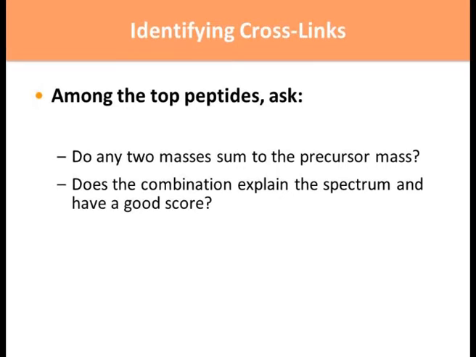The entire process is repeated over the entire database. And then for each spectrum, we ask the following questions. Do any two masses in that peptide list sum together to equal the precursor mass? And if the answer to this question is yes, does the combination of the fragment ions from each of those peptides explain the spectrum and have a good score?